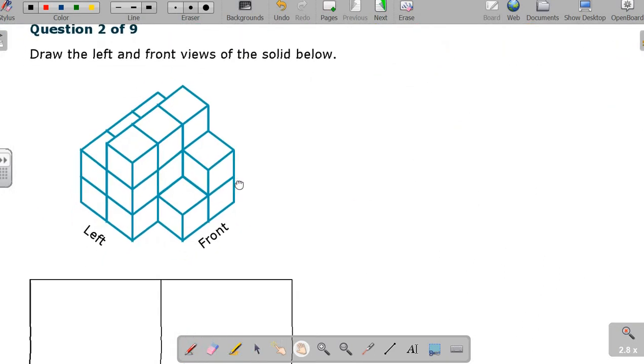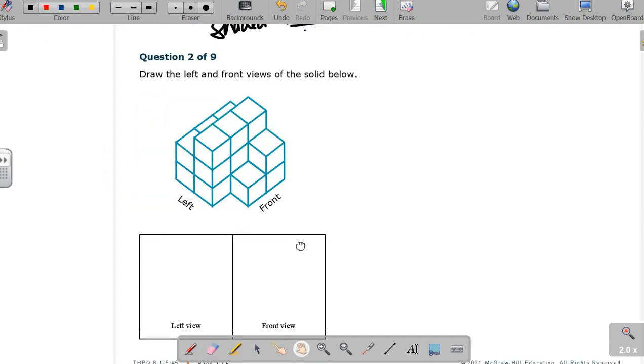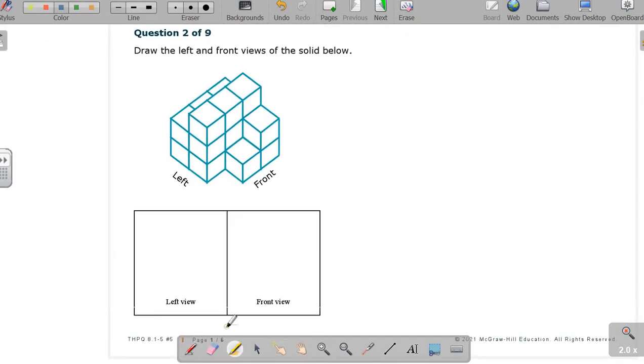Draw the left and front views of the solid below. This is called orthogonal drawing. If I were to look at the left of this shape on a flat view, it would look like this. 1, 2, 1, 2, 3.